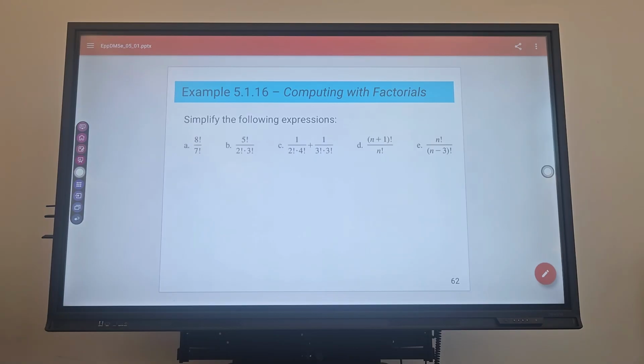You don't have to do all the math of multiplying out 8 factorial and 7 factorial. Likewise, you can do some canceling out. Like in D, n plus 1 factorial is n plus 1 times n factorial. The n factorials cancel out, leaving behind n plus 1.